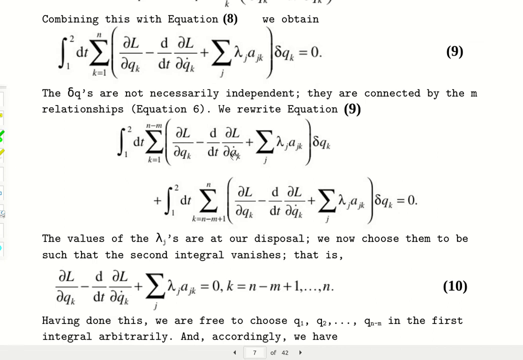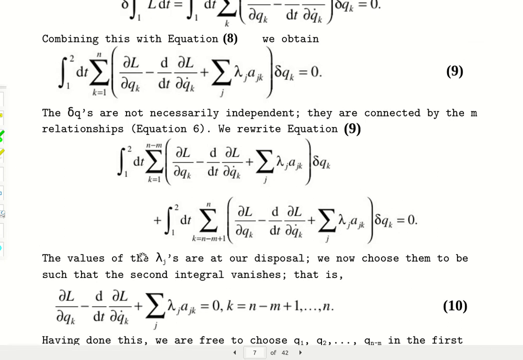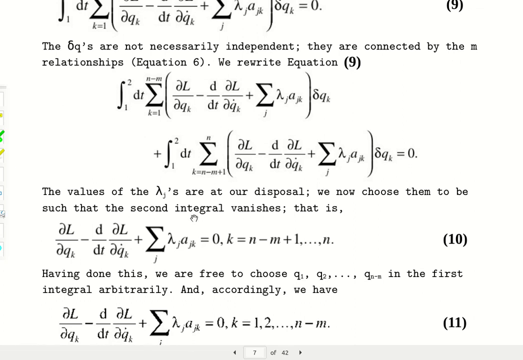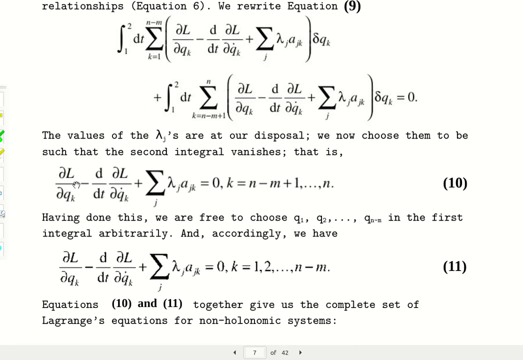So the integrand of this equation, this whole term, will be 0. See, it is written over here, equation number 10, del L del qk dot, all these things are written here. It is written for the kth term, where k runs from n minus m plus 1 to n, that is m different terms. So this equation is not a single equation, there are small m number of equations, and the number of lambda we have is also small m, because lambda j, and j runs from 1 to m.